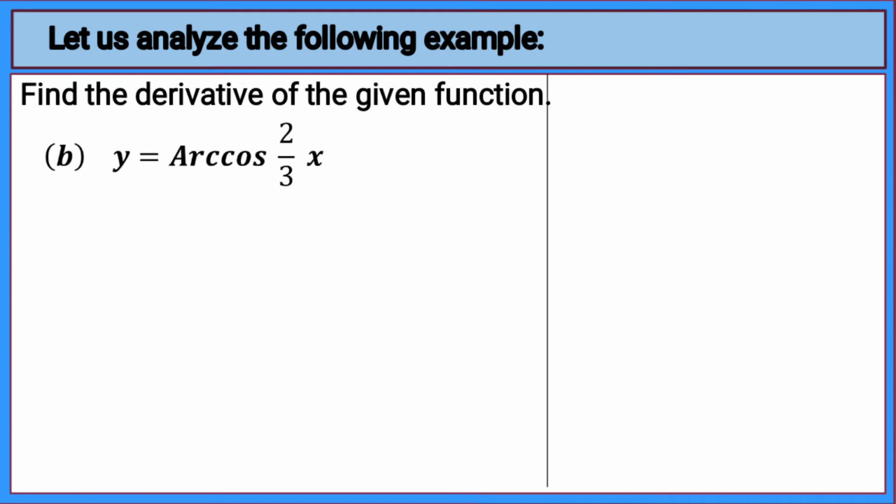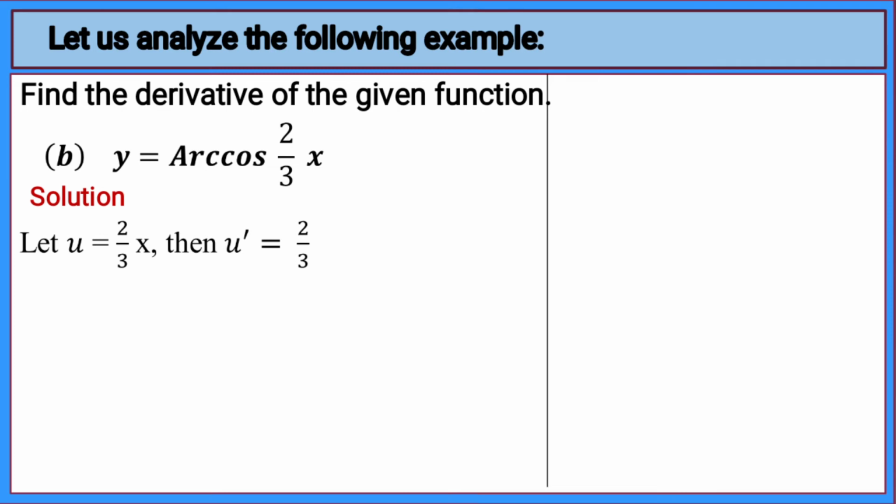Right, so let's move forward to our second example. Find the derivative of the given function. We have y is equal to arc cosine 2/3 x. So we let u, which will be our 2/3 x, then u prime will be 2/3.